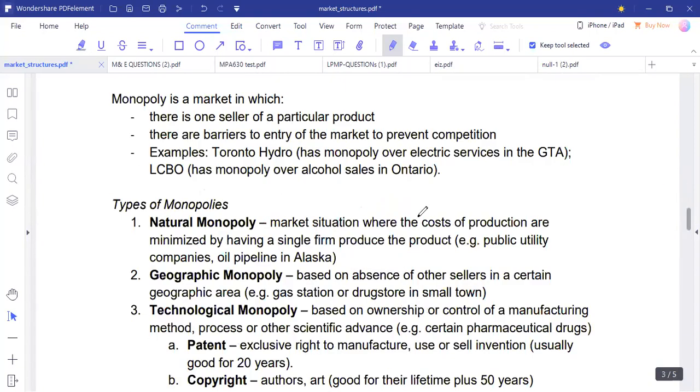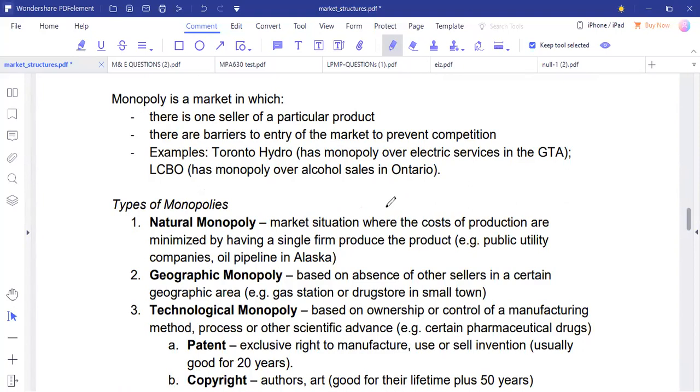Then we want to look at a monopoly where we say there's only one major seller and these ones have barriers to entry. An example is Zesco. So there are types of monopoly that we have. There's a natural monopoly, there's a geographic and a technological monopoly. As the terms speak, the natural comes about where the cost of production is actually minimized by having a single firm producing it.